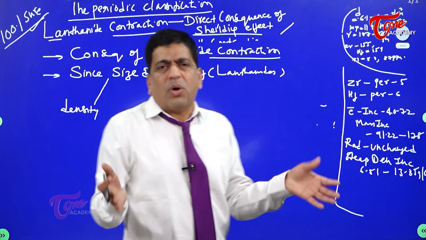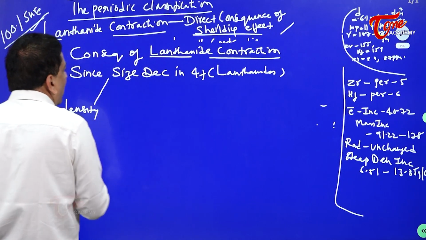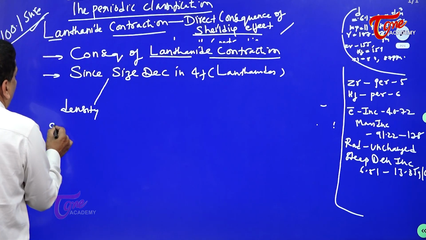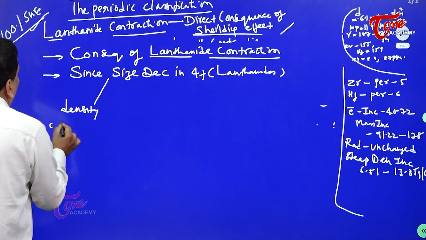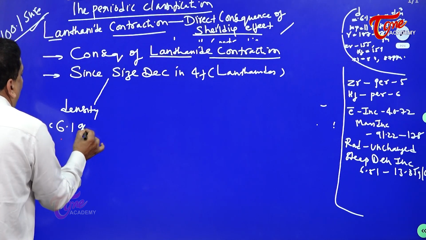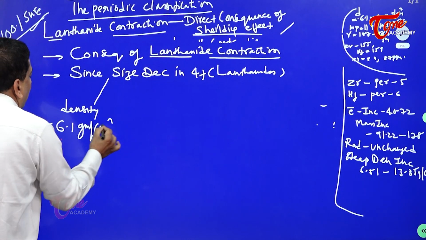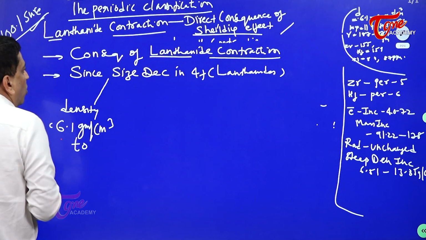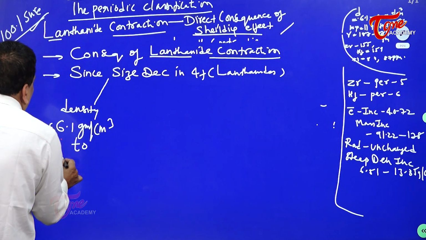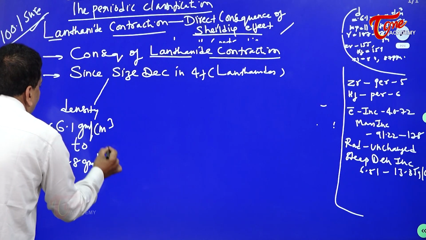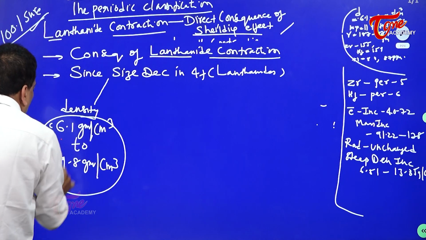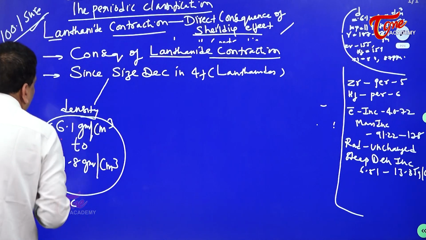If I can give you the approximate value for it, the density is increasing from 6.1 grams per centimeter cube to almost 9.8 grams per centimeter cube. So there is a density increase.